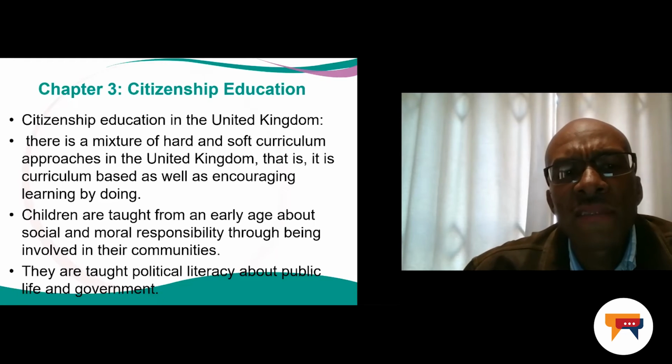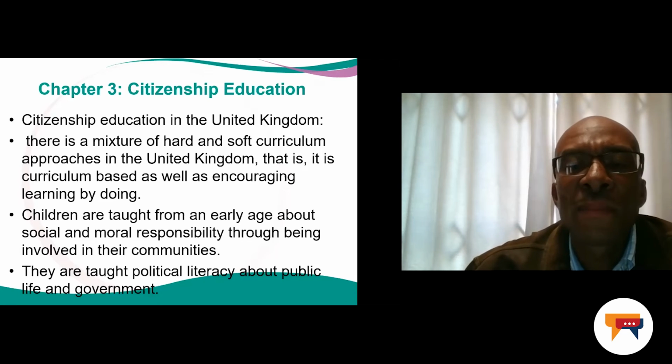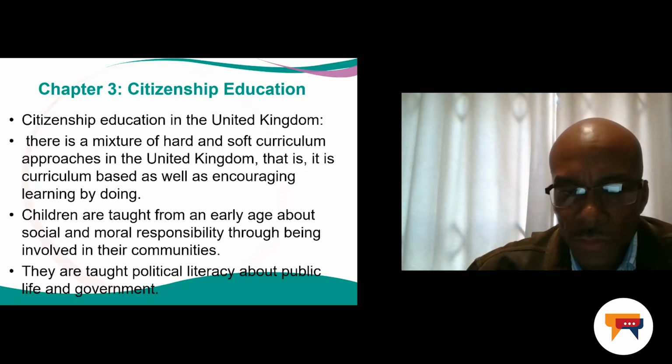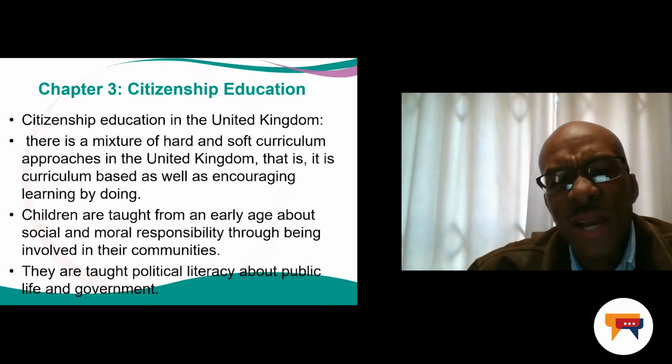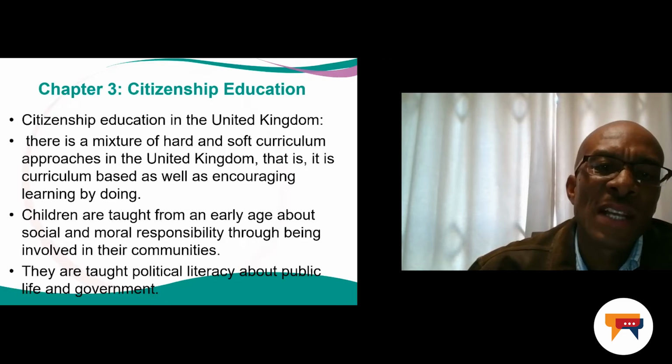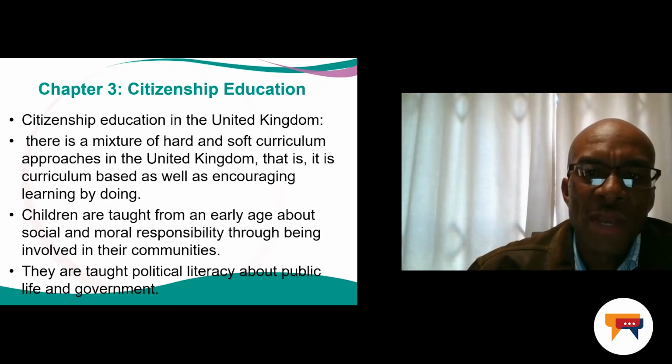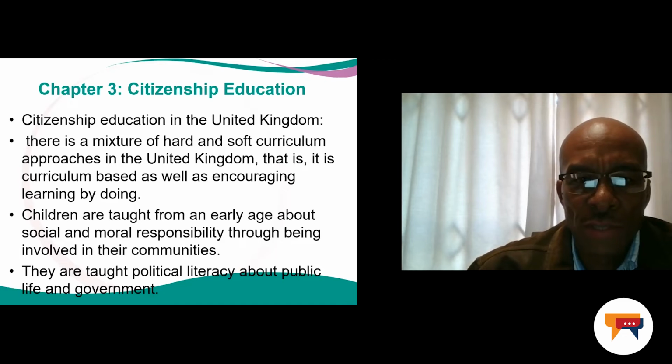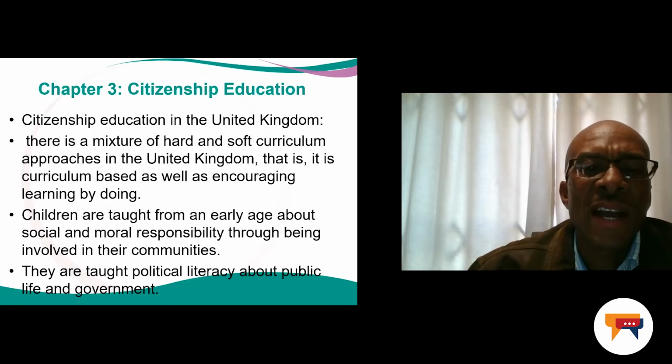Let's first of all have a look at citizenship education in the United Kingdom. In the United Kingdom, the type of citizenship education is a mixture of hard and soft curriculum approaches. It is curriculum-based as well as encouraging learning by doing.